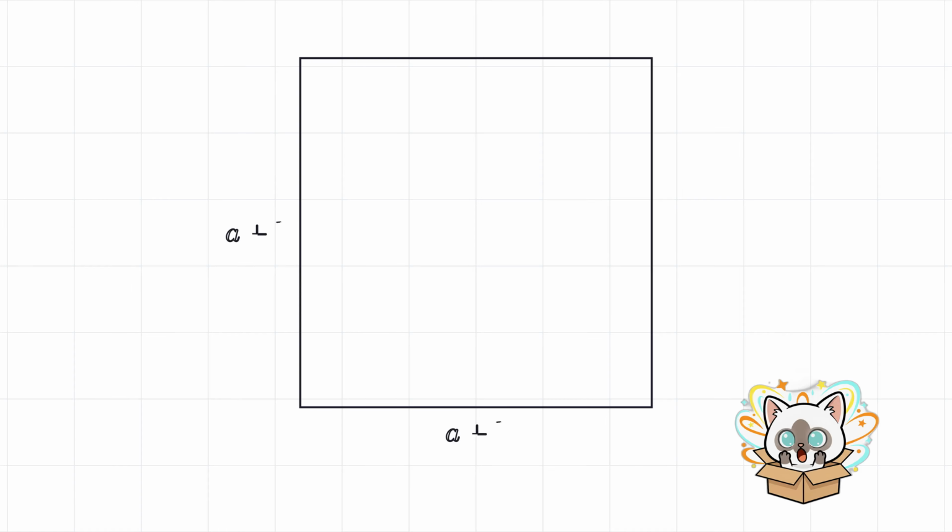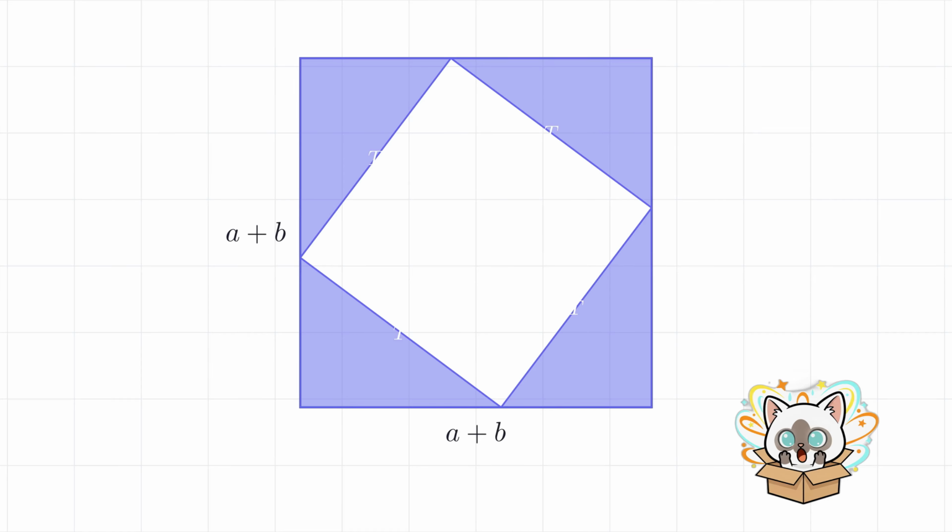Let's prove this once and for all. Visually, no algebra needed. We draw a large square with side A plus B. Then we place 4 identical right triangles inside, one in each corner. The space left in the center is a tilted square with side C, so its area is C squared. The 4 triangles plus C squared fill the whole big square. Now watch.